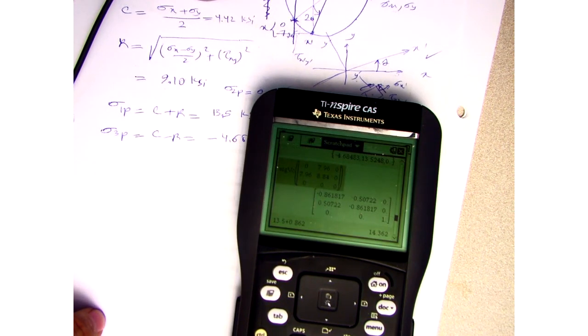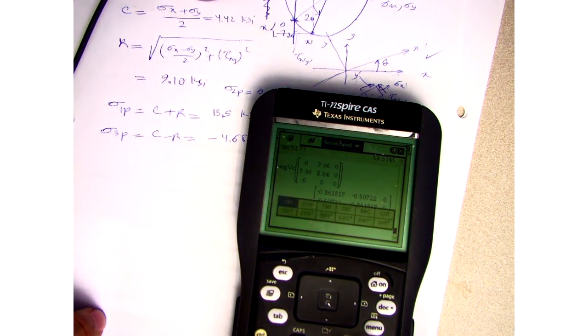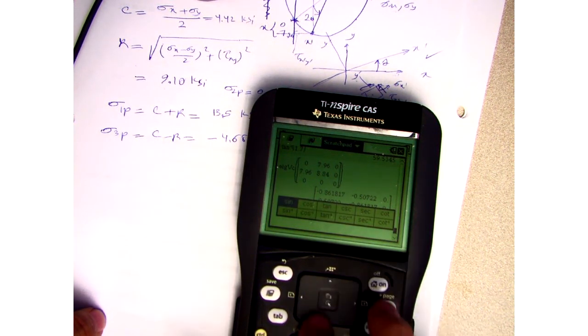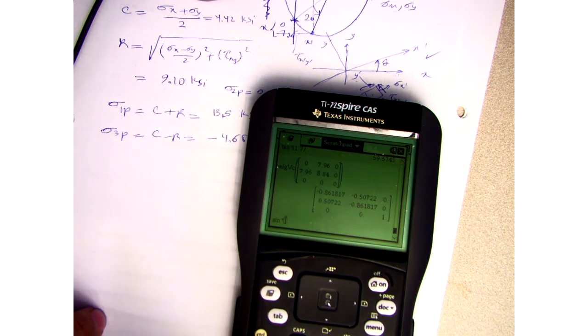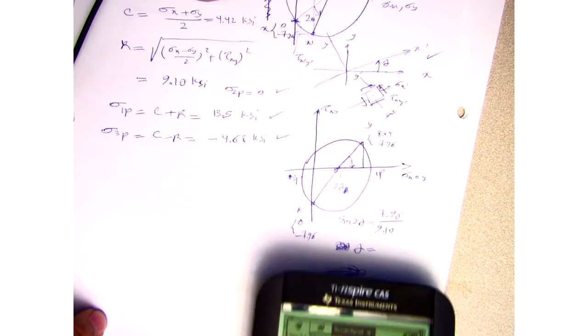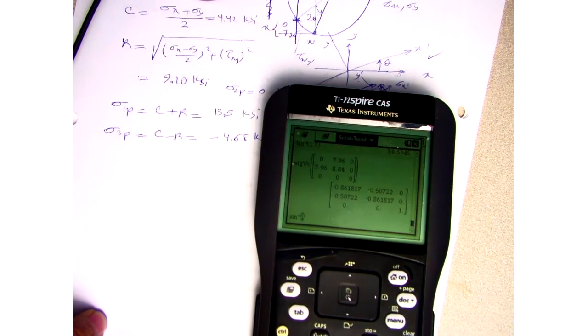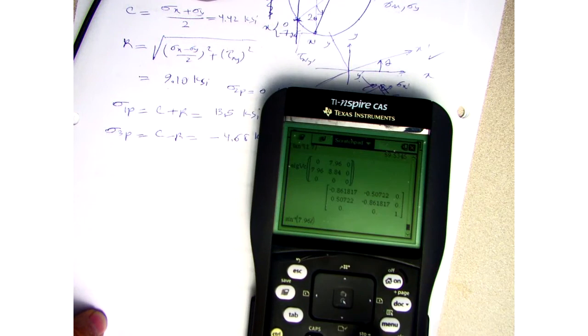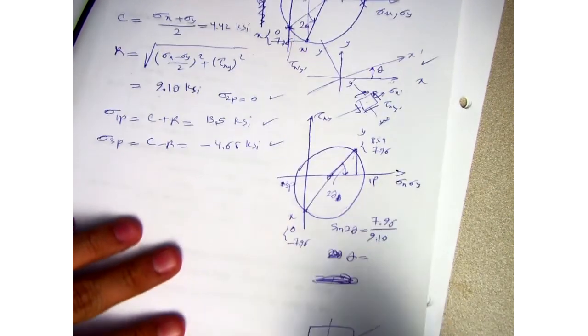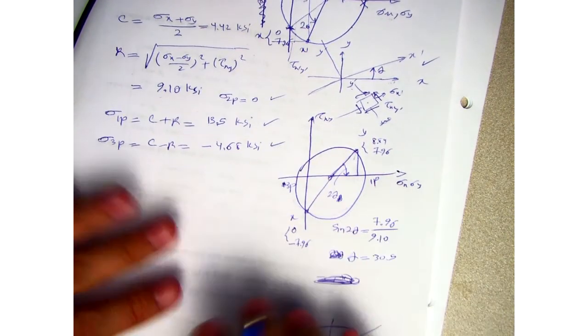Arc sine of 7.96 divided by 9.10. This is my angle, right? Divided by 2. This is my 2 theta, but the theta is going to be 30.5. So theta is 30.5. This is what I had before.